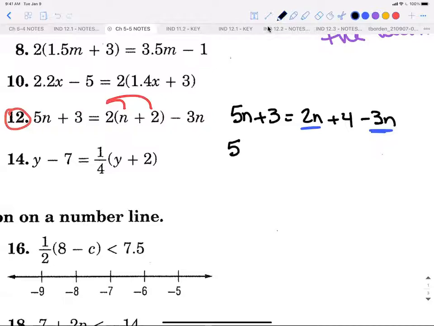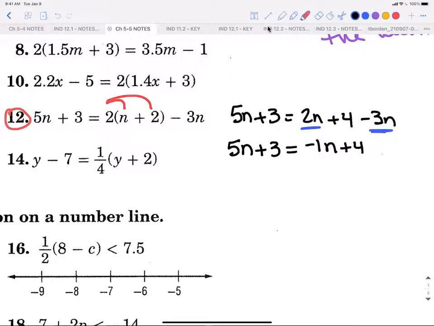So I'm going to rewrite this side because I'm not doing anything with it. And then 2n minus 3n is what? Negative 1n. Good. So 2 minus 3 is negative 1. And I didn't do anything with that plus 4, so I drop it down. Now I've distributed. I've combined like terms.